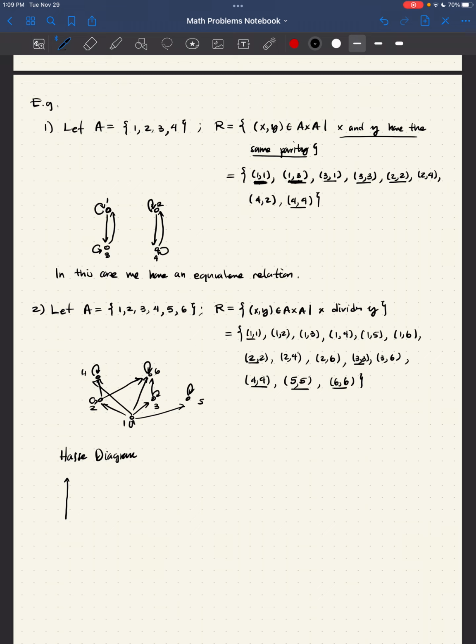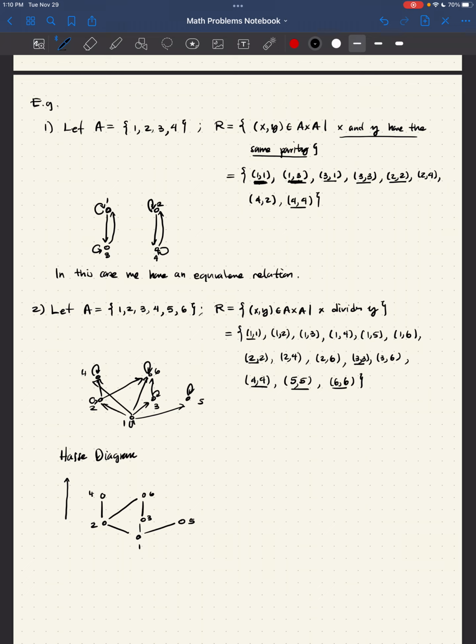So in that case, the one that appears here at the bottom is 1. Then I will have a 2 here, a 3 here, and a 5 here, connected in this fashion. Then on top of those, I will have a 4 here and a 6 here. Then connecting those. And of course, I have to connect this as well.